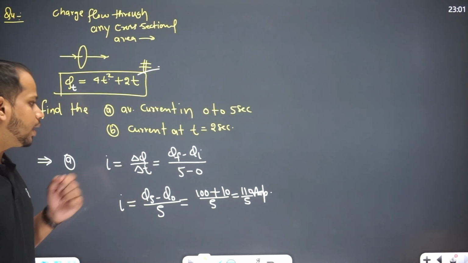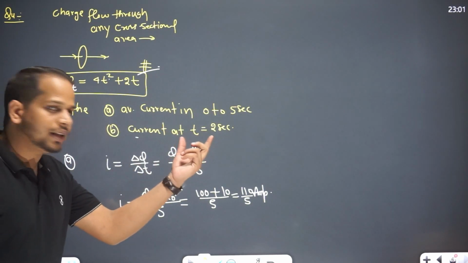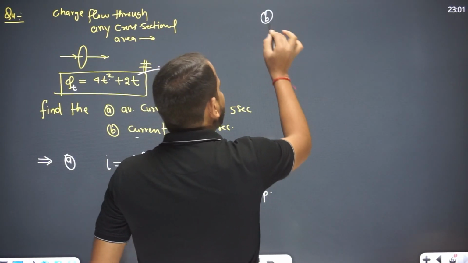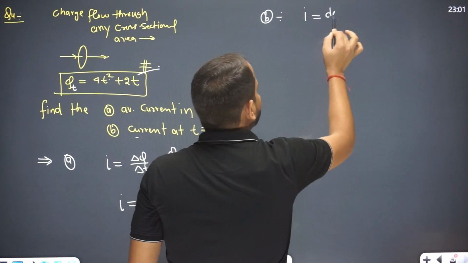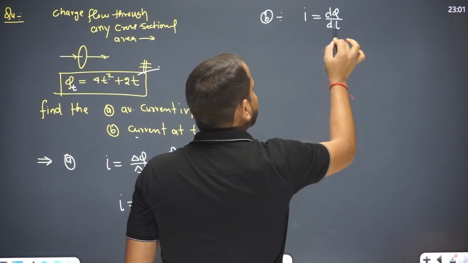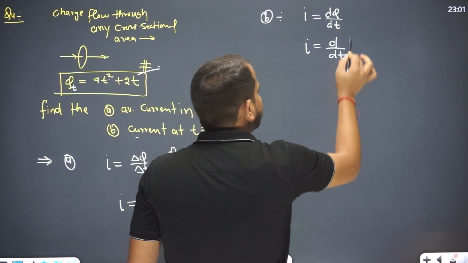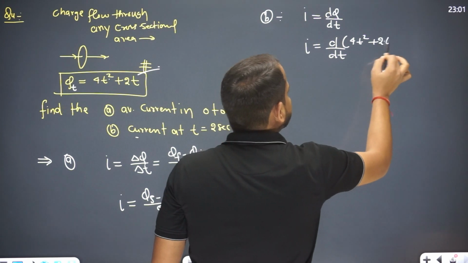Okay. Now let's find the value of current at 2 seconds. So this is the instantaneous current. For B, what do we have to do? I instantaneous is dq by dt. So let's differentiate it. This is d by dt of 4t square plus 2t.